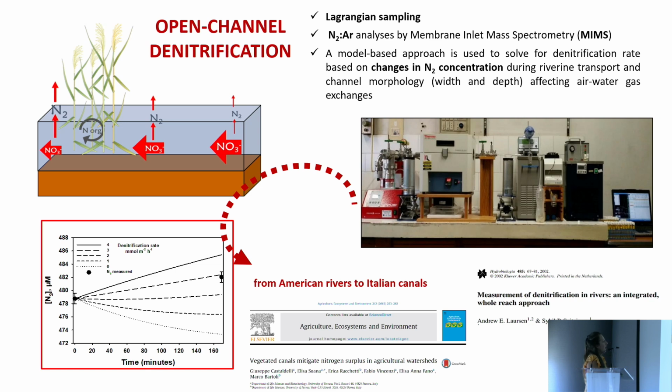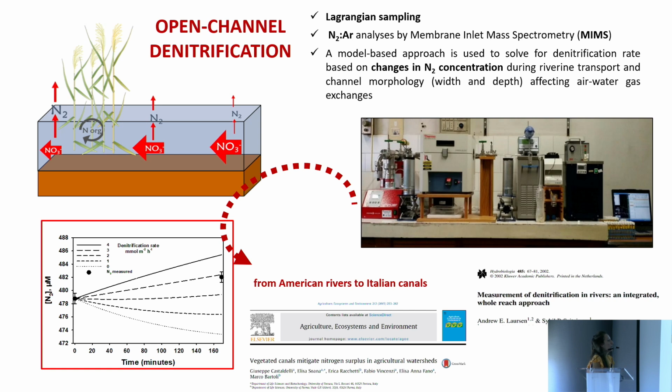We adopted a Lagrangian sampling, trying to estimate the open channel denitrification. We followed a water parcel moving from upstream to downstream, and we measured how N2 changed in this parcel, because N2 is the main end product of denitrification.